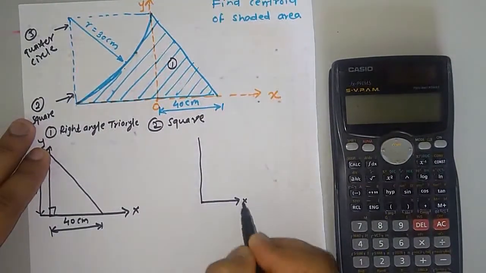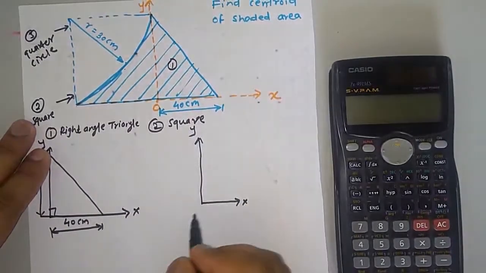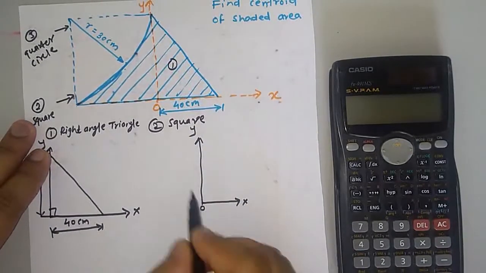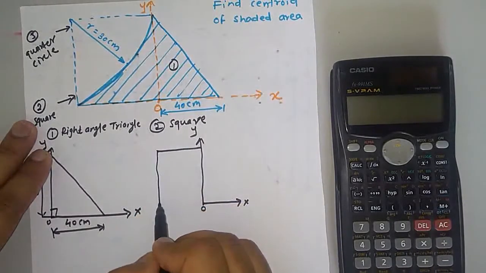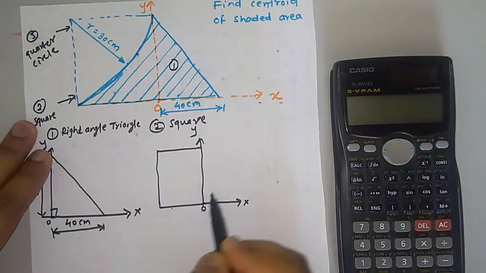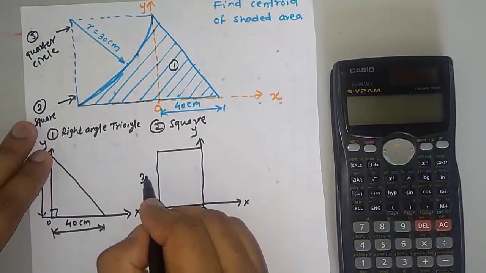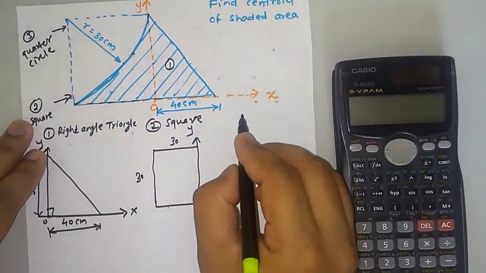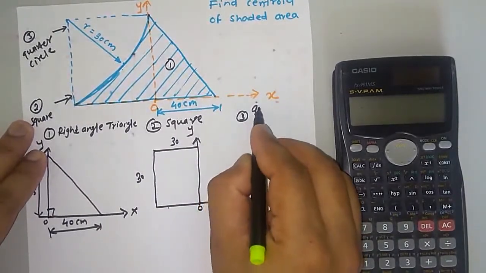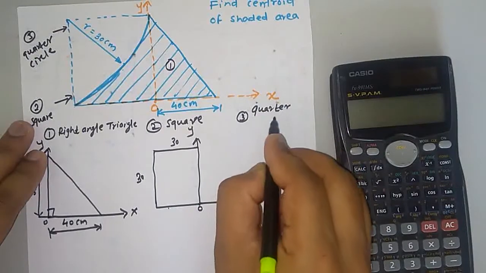Here is our x and y axis, and here is our origin. Where is the square? It is in the second quadrant. So this is the square. What are the dimensions of the square? 30 by 30. Now the third geometry, it is a quarter circle.